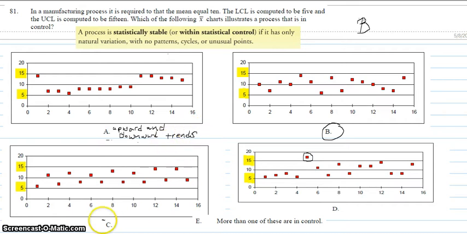Graph C we said was cyclical. It has a cyclical pattern. And we said graph D had an unusual point.